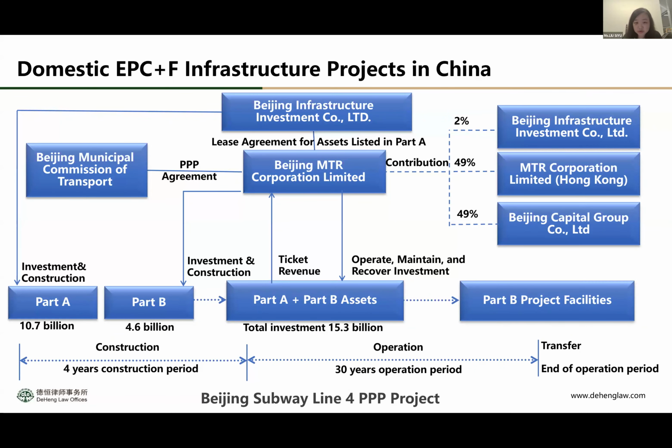So in those PPP projects with equity financing, recovering your investment is also attached to revenue guarantees and also development rights, which we call TOD, meaning you have the right to develop the facilities in the station, like advertisement, stores or other businesses there, and also the development of relevant real estate, like the real estate above the station, to recover your investment.